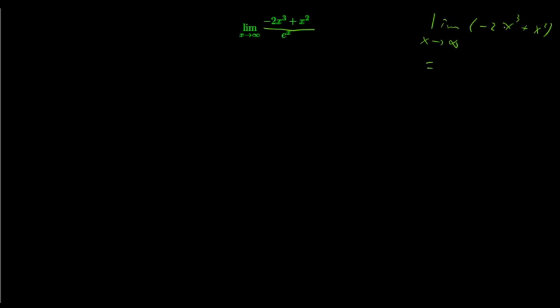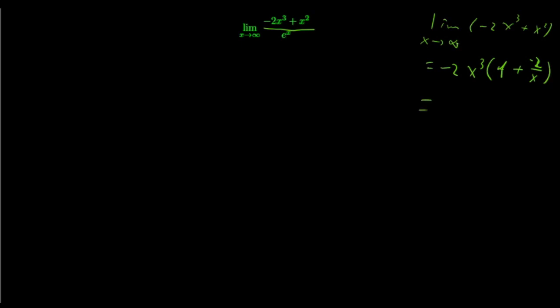Okay. We take out negative 2x cubed, and then we have positive 1, and then plus 1 over x, and probably you have a negative 2 on numerator.